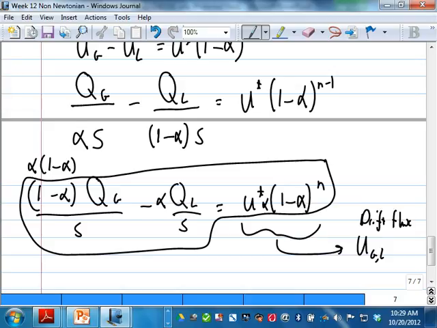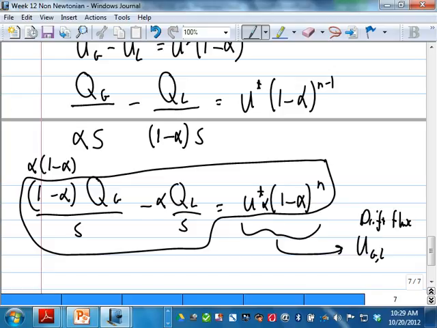There's alpha here, alpha here, alpha here, there's power n, and so on. So leave this aside, but when we come to doing our problems, we'll be using this one.